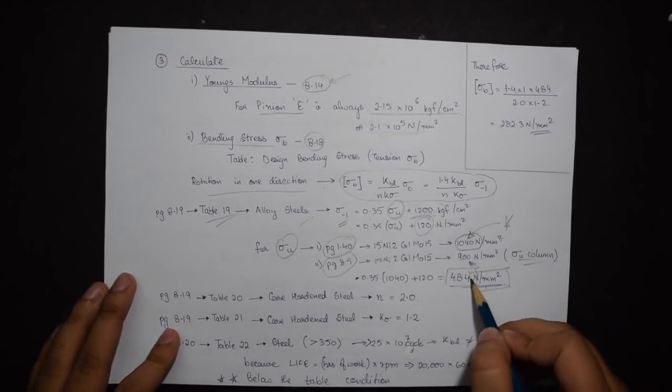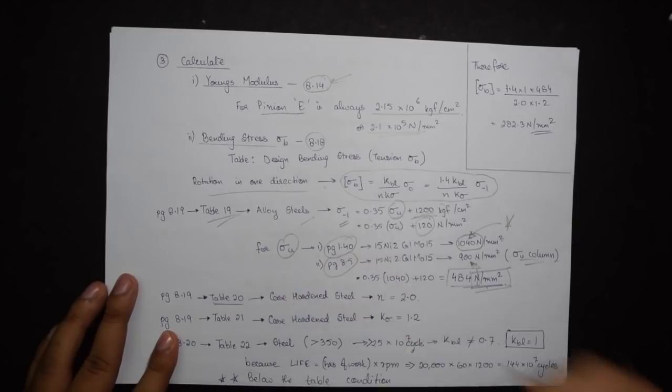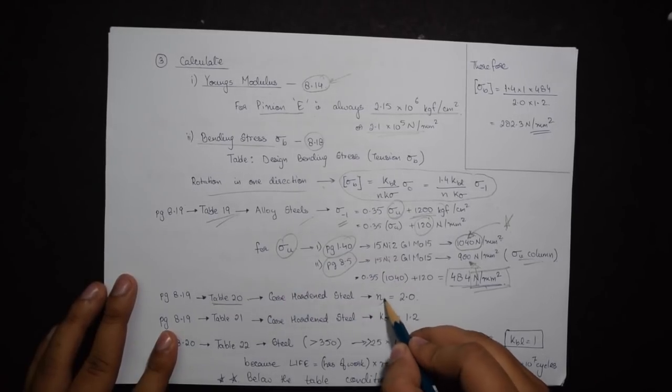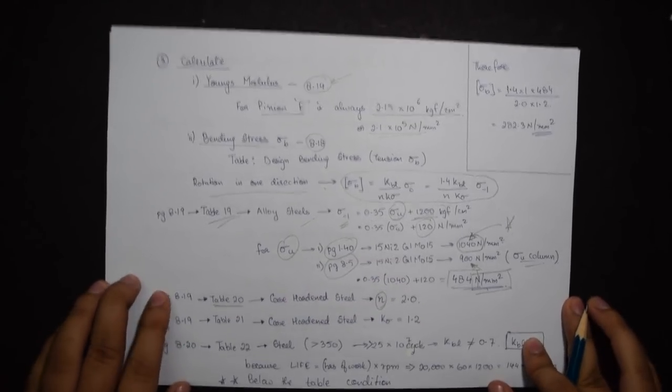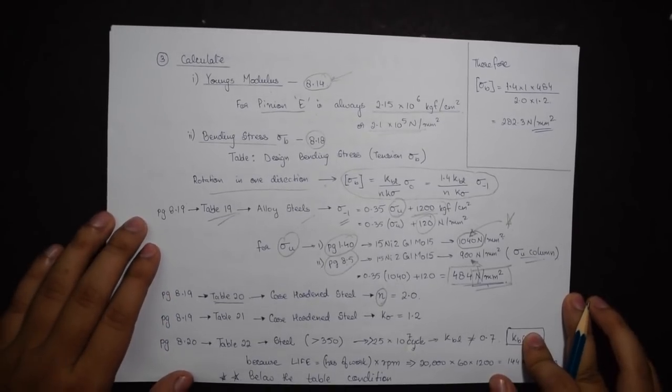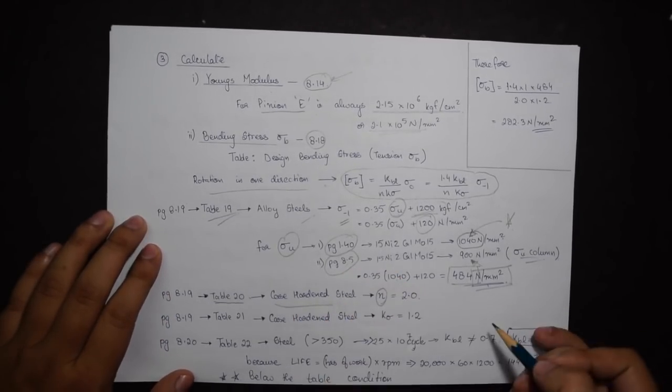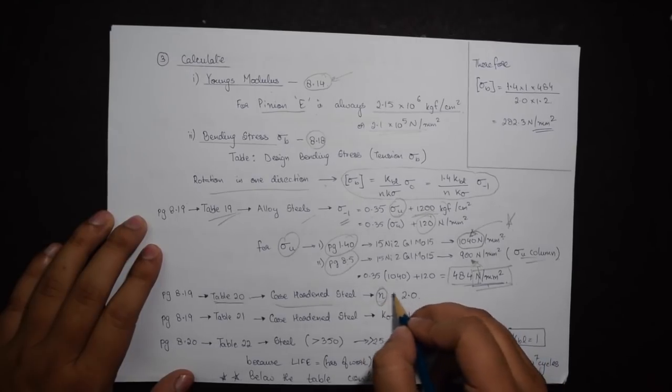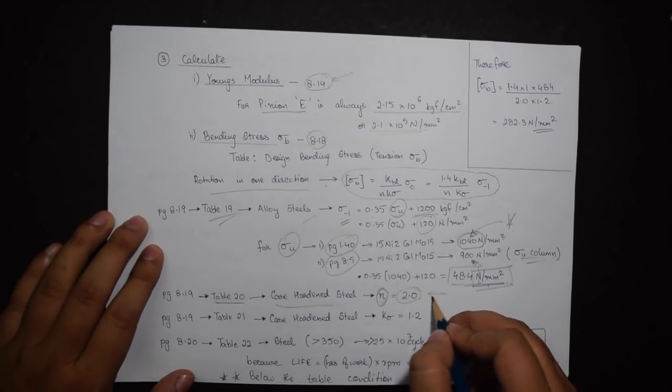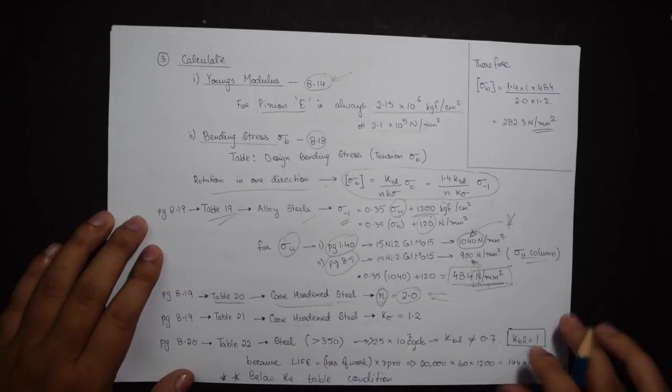Just below table 19 we have table number 20, which is factor of safety or the value of n. As we see, our steel is case hardened steel, so let us choose the value of n equal to 2.0 under steels and heat treatment is case hardened.